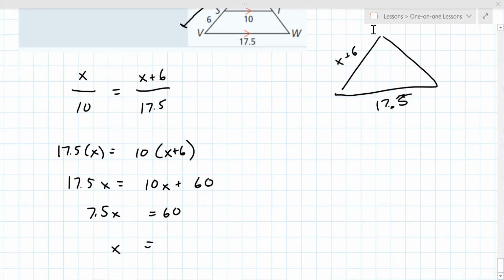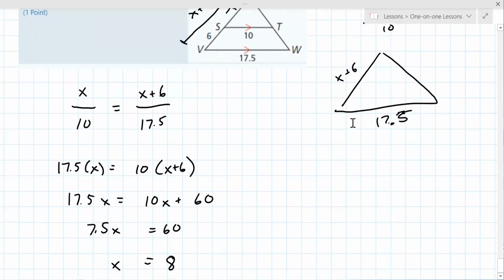So you get X equals 8. 8 somethings, it doesn't say. Wait, shouldn't it be 17.5 and not 7.5? You subtract 10X from both sides, and that's where it comes from. Oh, yeah. I didn't show this step. I got lazy on that. So thank you though for challenging me, because I clearly make some mistakes.